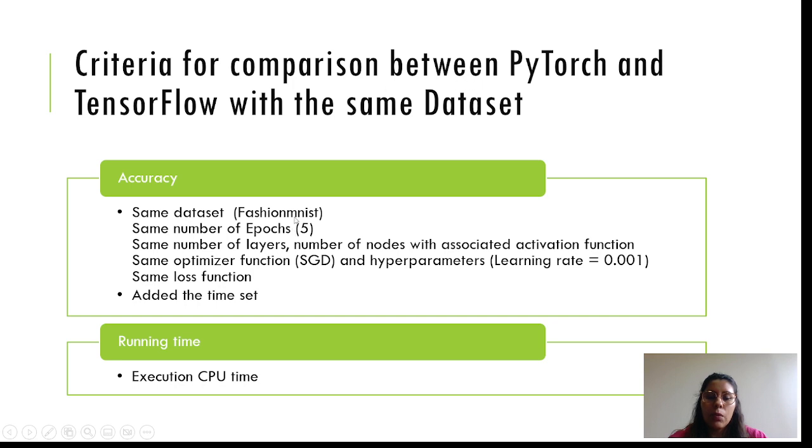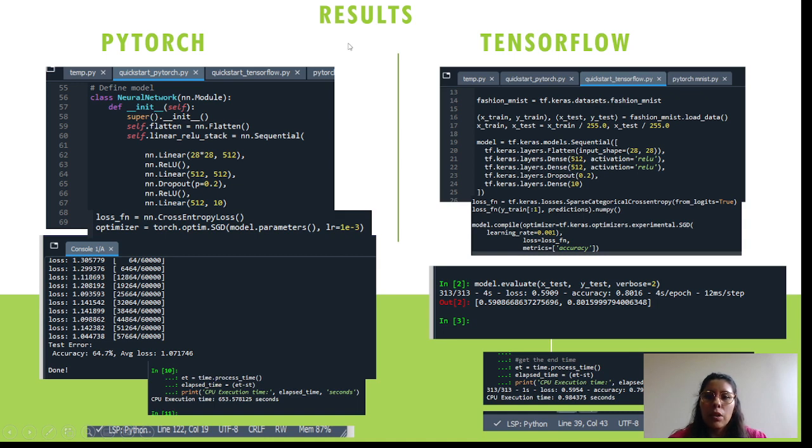So we made modifications to part of the code in TensorFlow, trying to do the same that we did in the code in PyTorch. If you can see here the results, on your left is PyTorch.